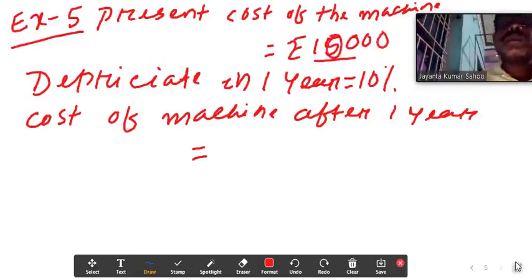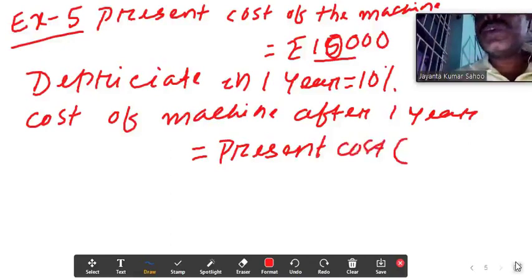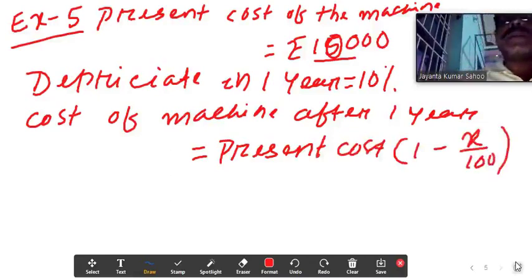So cost of a machine after 1 year will be 10,000 present cost. We can write now present cost into 1 minus x by 100, x means the percentage.